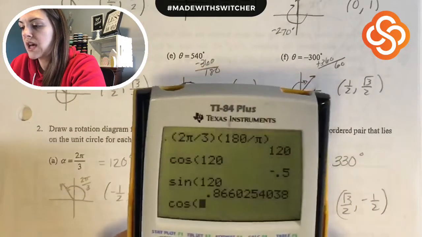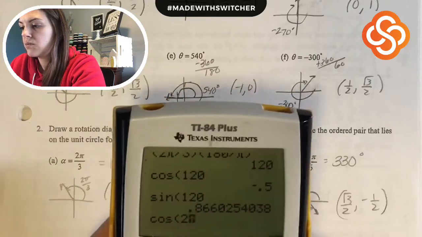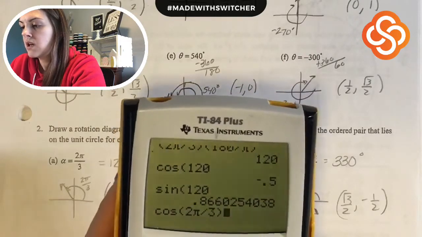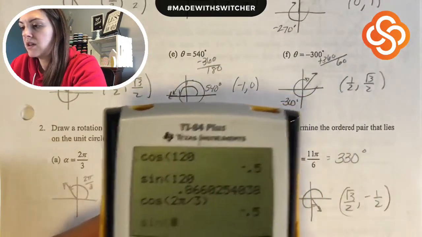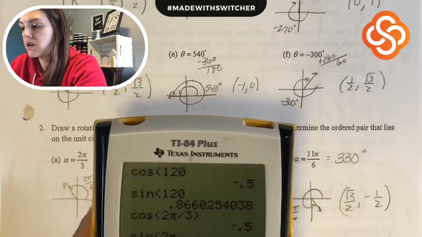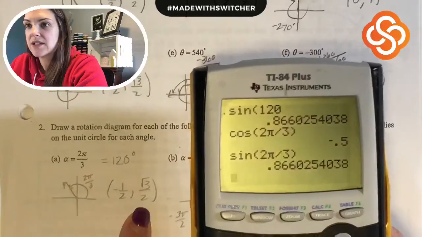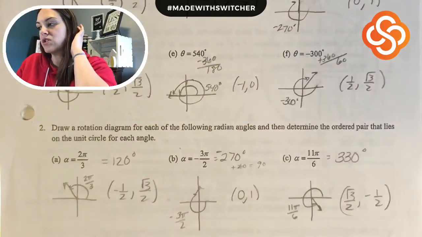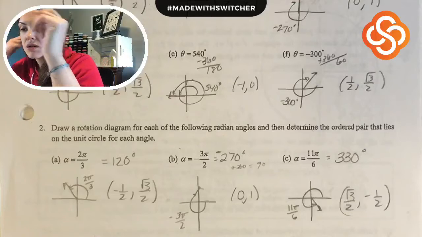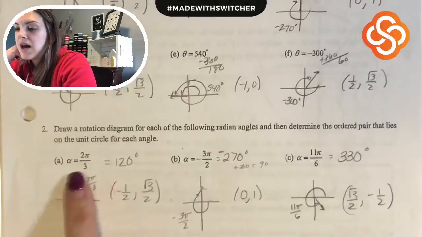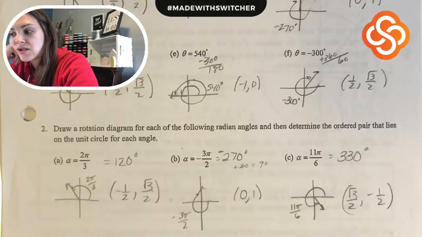So you can do cosine of 2 pi over 3, and it will get you your cosine value, and then your sine of 2 pi over 3 will get you that same decimal, 0.866. So a couple different ways you can do it. If you don't like toggling back and forth between degree and radian, then you can do it that way. If you're fine with that, then you can just use your calculator to get to those answers.